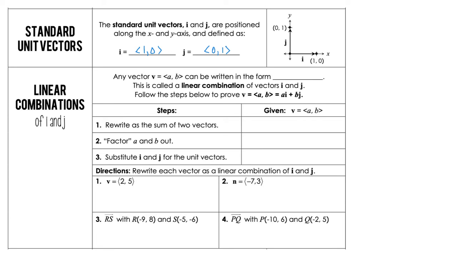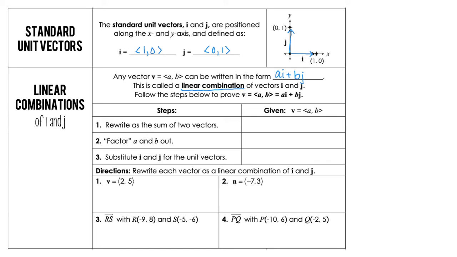And you see that over here, we're going out 1 unit, and we're going up 1 unit. Any vector AB can be written in the form Ai plus B times j. This is called a linear combination.